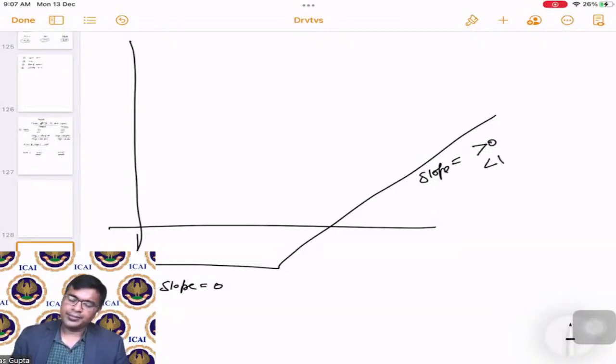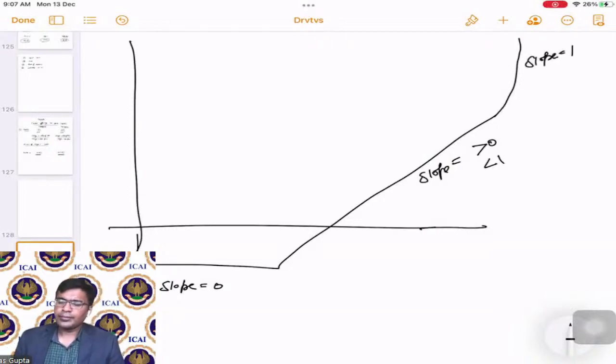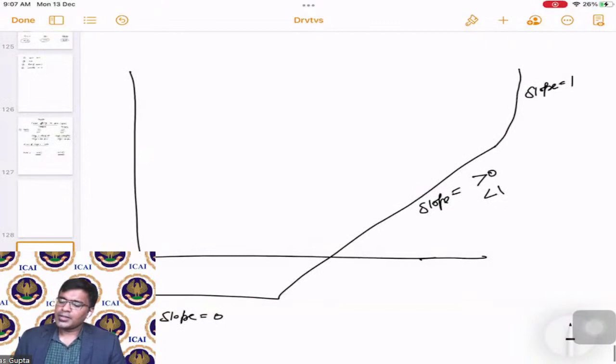But less than 1. And finally, once it is deep in the money, the line will actually become like this. So here the slope is equal to 1, correct? So the line will come like this. Slope equal to 1 means it is a vertical line. Slope equal to 0 means it is a horizontal line, correct?